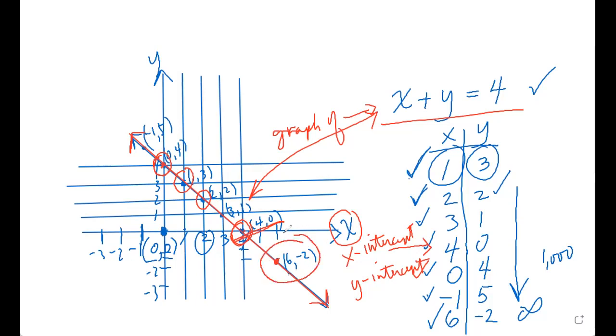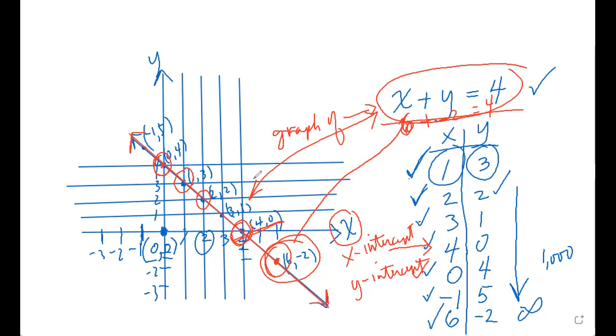If you put in the x and y values, like in this one, 6 and minus 2, it'll satisfy the equation. 6 minus 2 is 4, and that is why it's on the line. Every point on the line satisfies the equation. So when they ask you to graph this equation, basically, it will be a line.